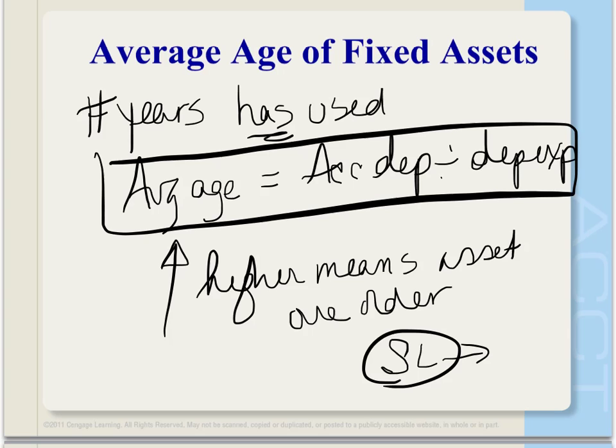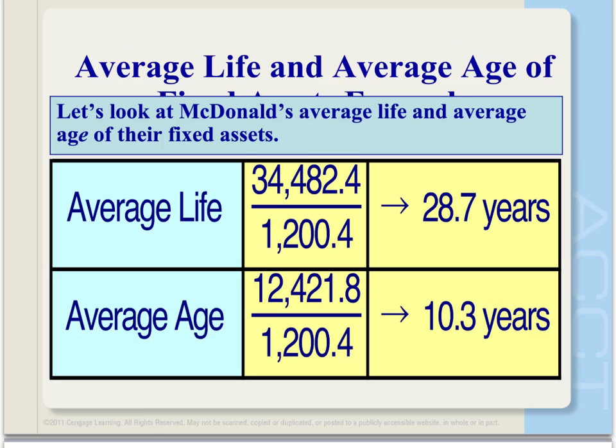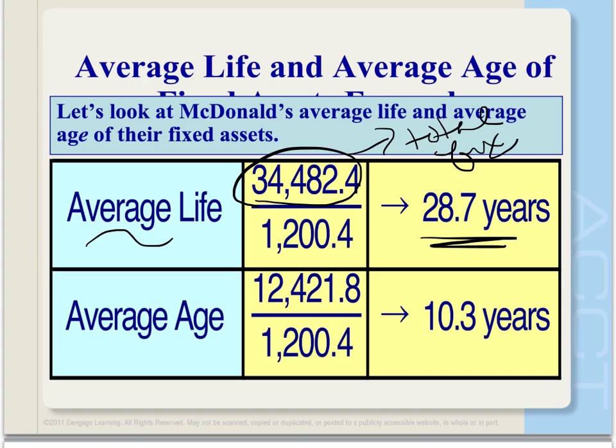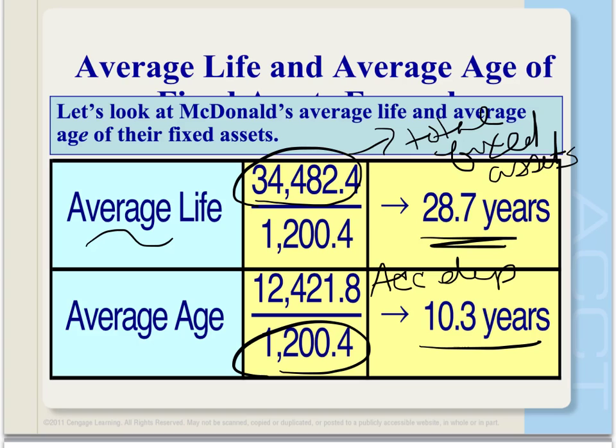First, we're going to go ahead and take a look at an example. Here is the average life and average age of fixed assets for McDonald's. The average life, we took the total assets divided by the depreciation and we get 28.7 years. And that would be total fixed assets. Here we take the accumulated depreciation, what's sitting in the account, by the depreciation expense, and we get 10.3 years.